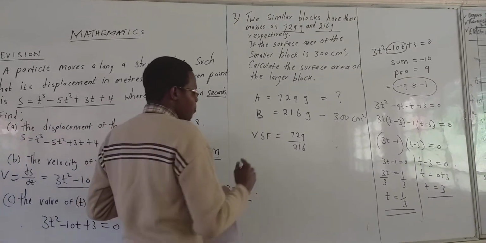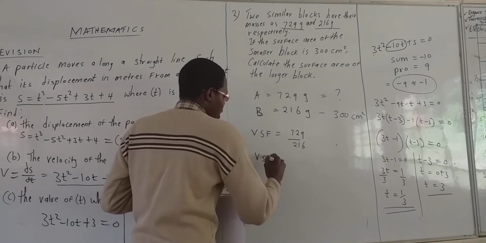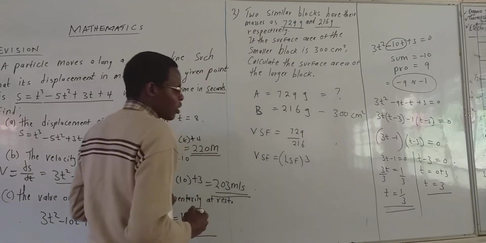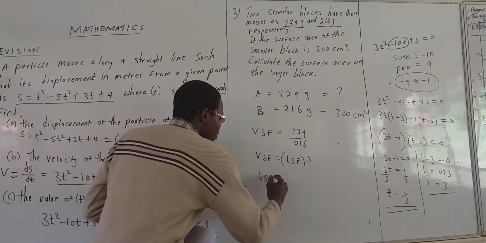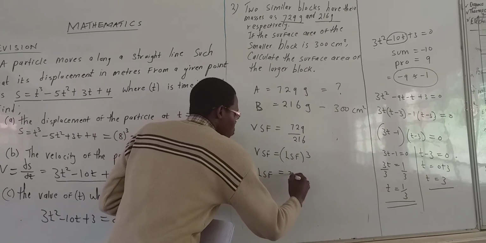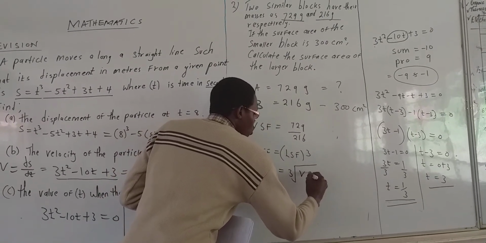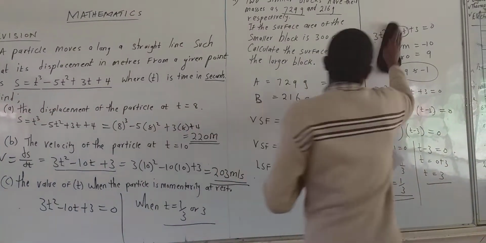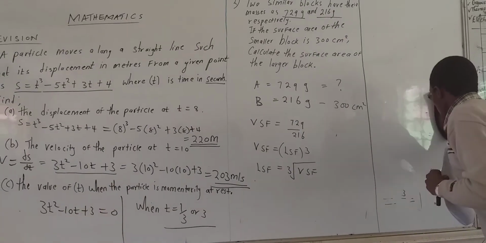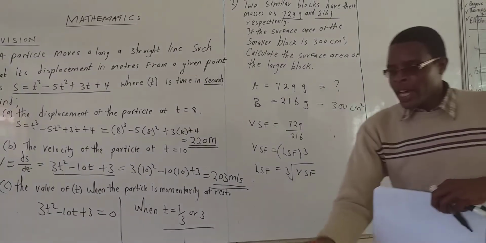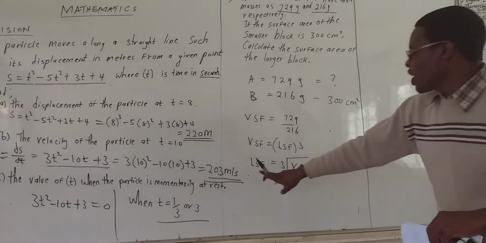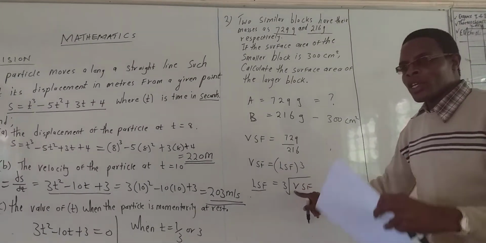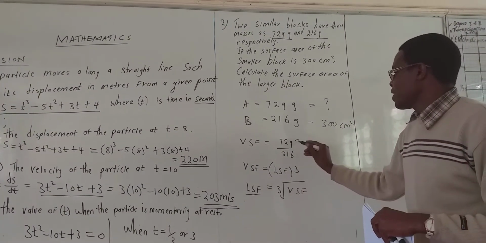And remember what we said, volume scale factor is the same as linear scale factor cubed. Therefore, linear scale factor is the same as the cube root of volume scale factor.